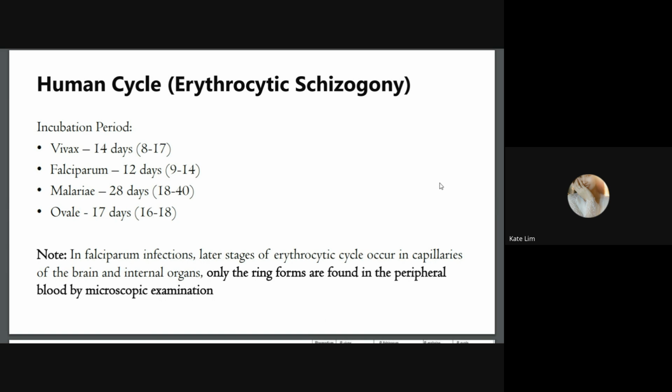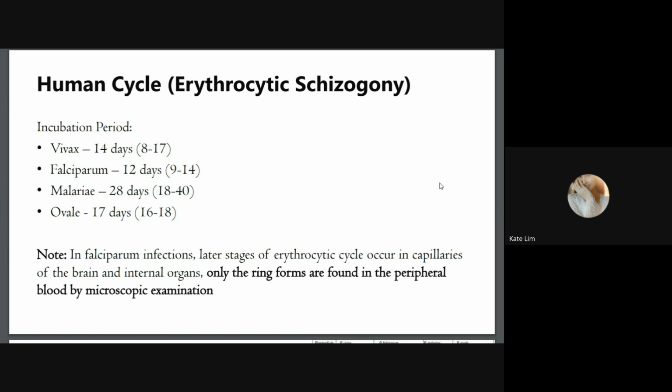But if it's the severe form, usually the mature forms are already seen as well in the PBS. Why again? Because your Plasmodium falciparum has the tendency to hide out in the capillaries of the brain and internal organs during the later stages of its life cycle.